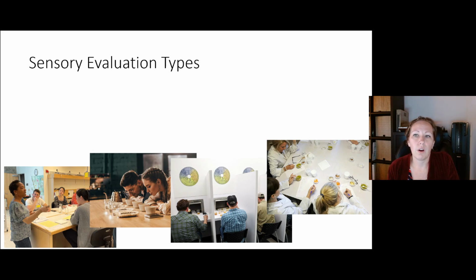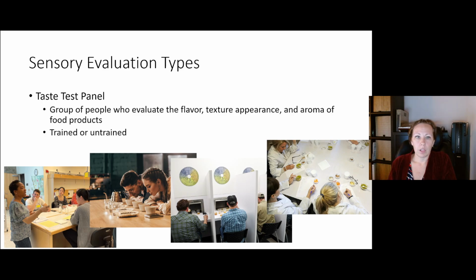So there are three main types of sensory evaluation. The first type is going to be called, let me backtrack. So in the book, there's the definition of a taste test panel. This is a general description that describes all the sensory panels that we can do that involve taste.